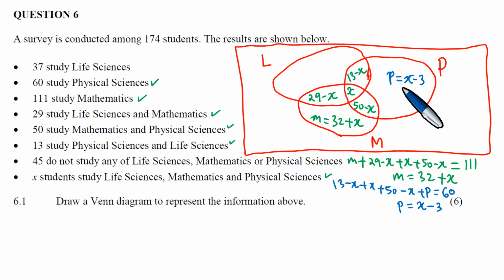All right, so we have this. Right, next. We're done with 60 for physical sciences. But now let's come to life sciences, because there are 37 of those who do life sciences. If 37 do life sciences, what is the meaning of this?